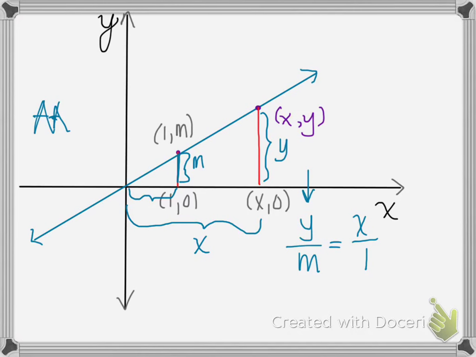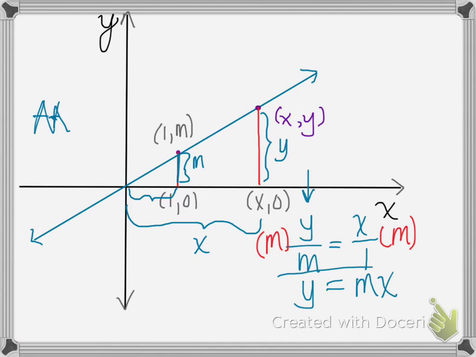Okay, if I multiply both sides of this equation by m, or do the cross multiplying, however you want to think about it, I get the equation rearranged, but equivalent: y equals, and I'm going to put the m in front, m times x. We like coefficients in front of the x term. It's just a convention.